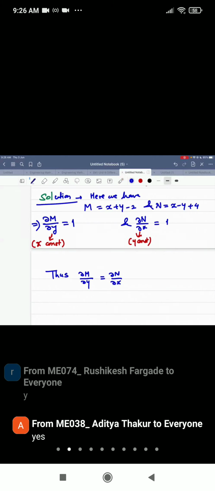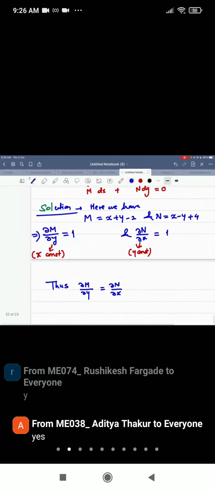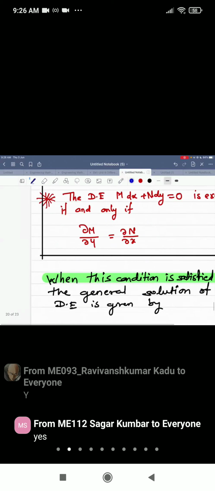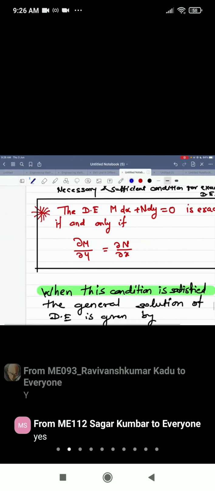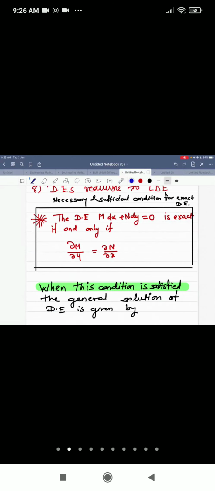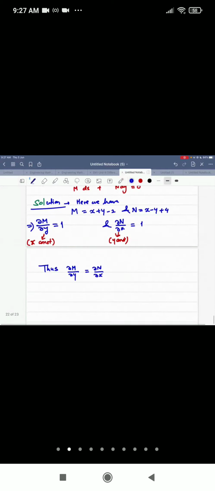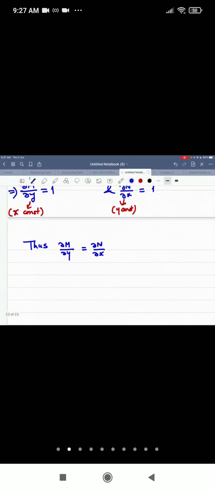If this condition is satisfied, we say that the differential equation is exact, isn't it? Just now we have seen the necessary and sufficient condition, so that condition is satisfied. For the first example, I'll write in detail, but it is not required everywhere.